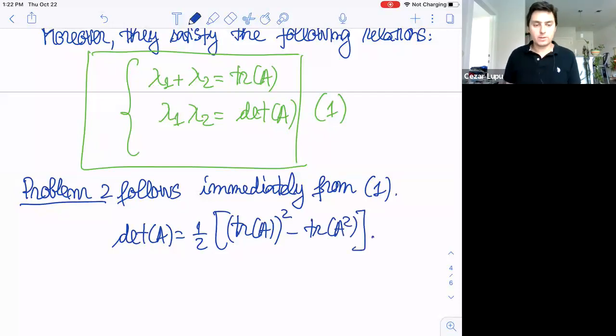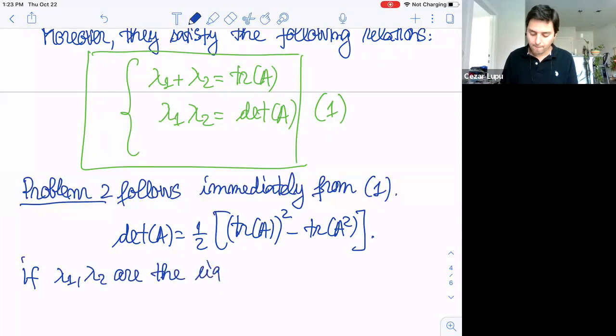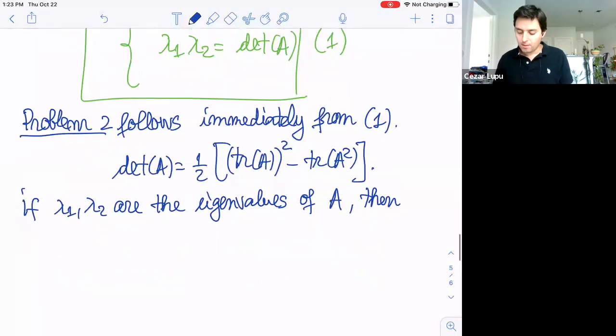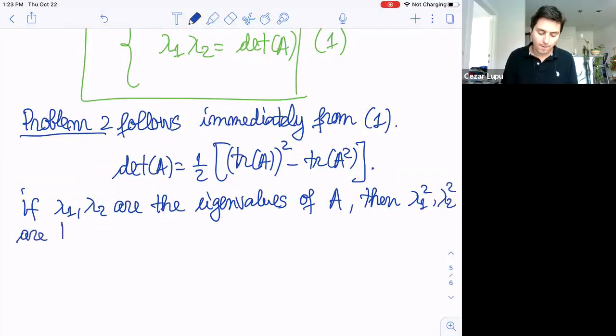The eigenvalues of A squared, and this is more like a disguise of the spectral theorem, which I would like to mention: if lambda 1 and lambda 2 are the eigenvalues of the matrix A, then lambda 1 squared and lambda 2 squared are the eigenvalues of A squared.